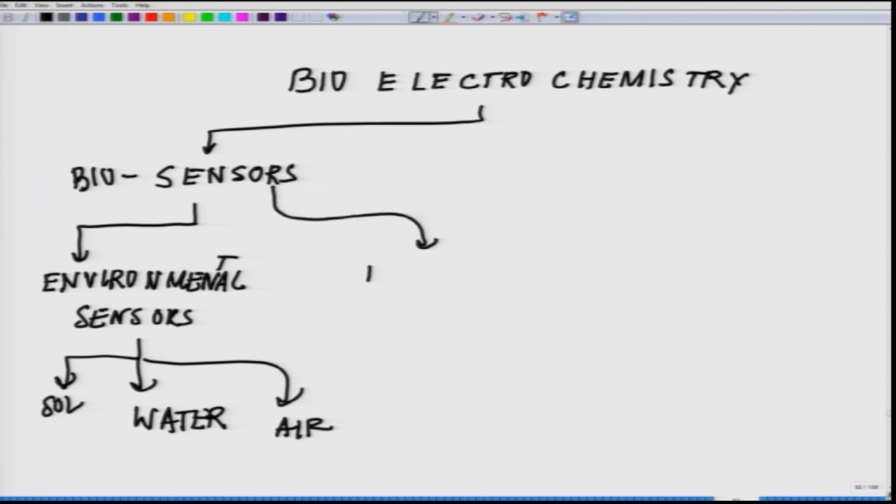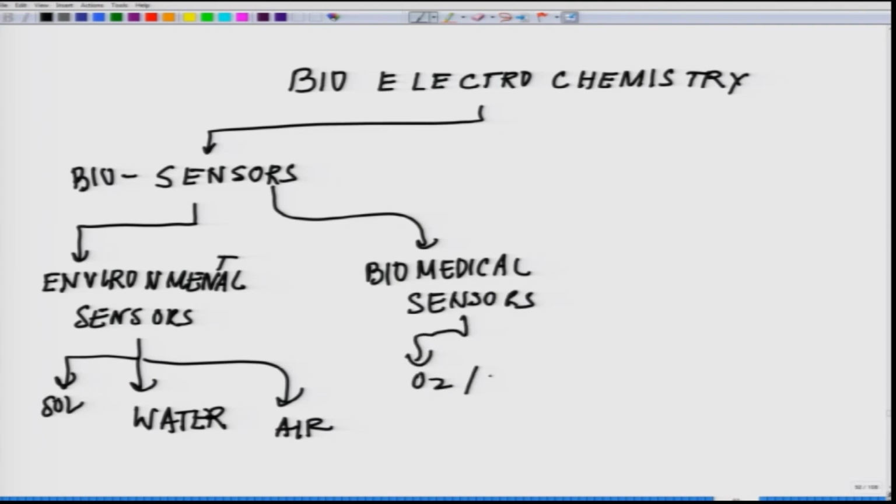Similarly, there are biomedical sensors, which include oxygen, carbon monoxide, electrolytes, H2S, likewise so on and so forth.